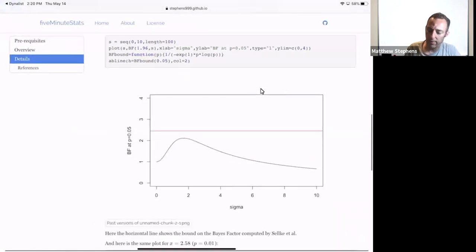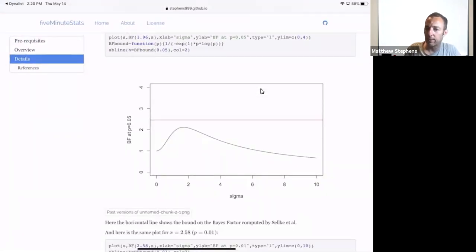If you plot what the Bayes factor looks like, the black line here, as sigma varies, of course at sigma equals 0, as we said, the alternative and the null are the same. So this is the extreme where under the alternative the effect sizes are actually 0, a bit of an extreme alternative. And then as effect sizes go up, the Bayes factor at a p-value of 0.05 goes up for a while, and then starts going down again as sigma gets bigger and bigger, because the probability of seeing a p-value of 0.05 under those very big effect sizes is actually very small.